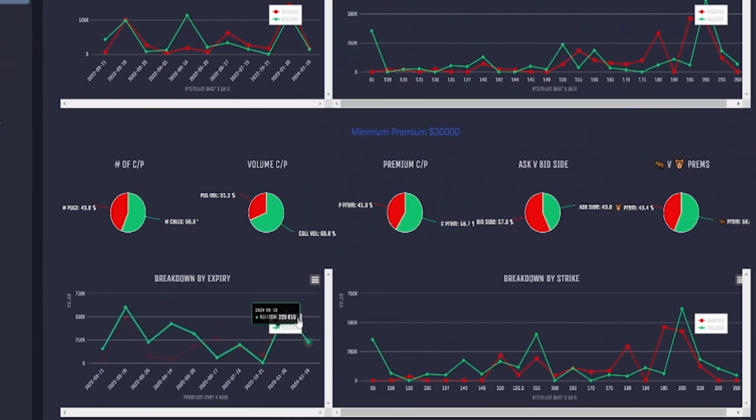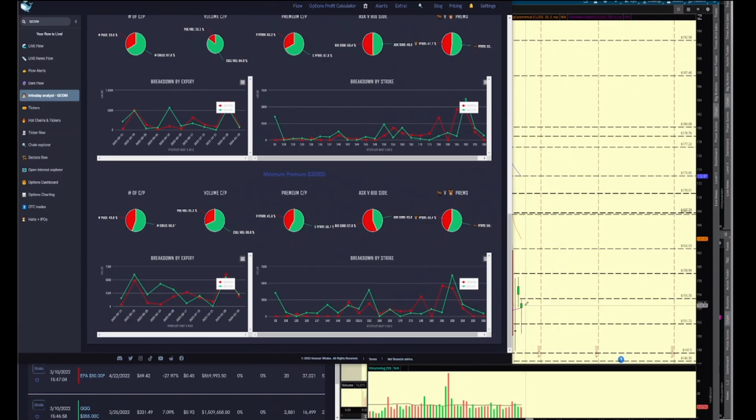I'm interested in this one because it's higher than the other one, and also I'm interested in these little spikes here on the strikes telling me that they're actually going after those out of the money contracts as well. All right, currently we're sitting at 154.70, and we have 155 and 200 that they're going after.